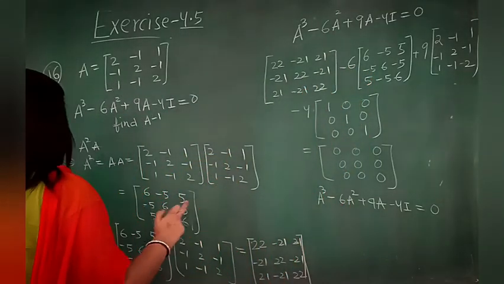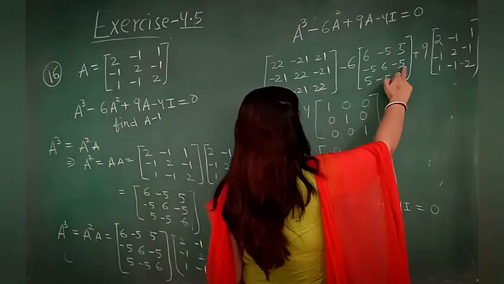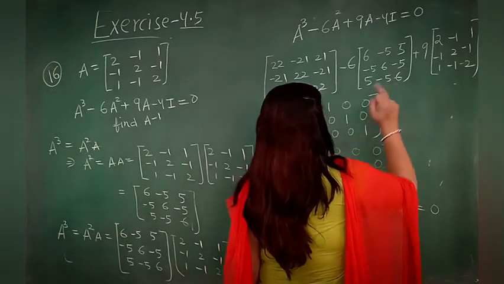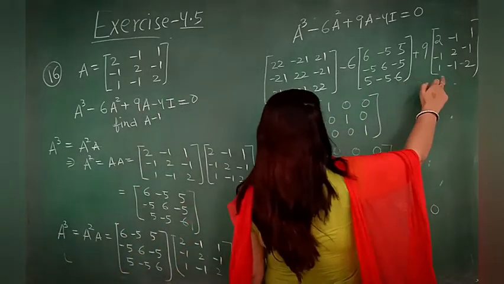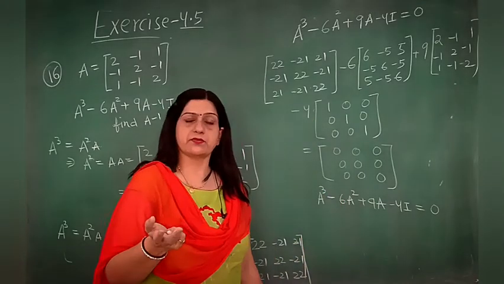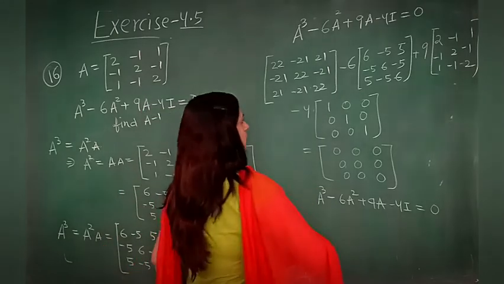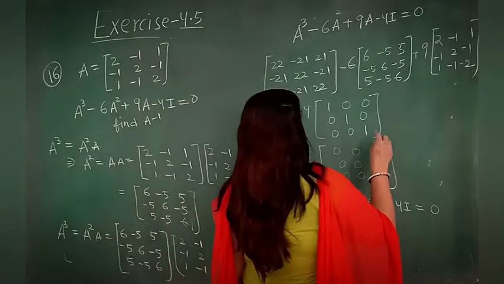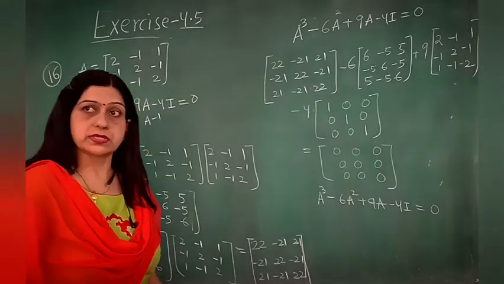So the value of A square is this, 6 minus 5 5, minus 5 6 5, minus 5 5 minus 5 6. And then plus 9 into A and minus 4I, meaning an identity matrix of the same order, that is 3. Now it is given that you have to finally show that it is equal to 0.